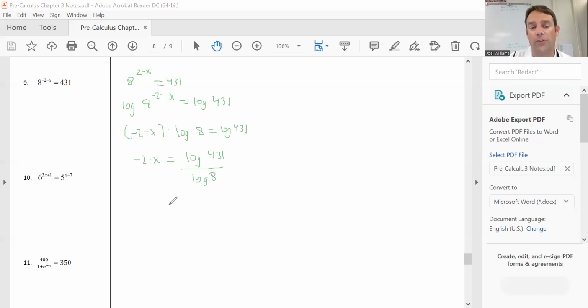And then add 2 to both sides. So we get log 431 over log 8 plus 2, and then divide by negative 1. So x equals negative that.